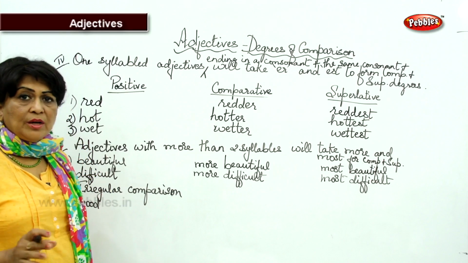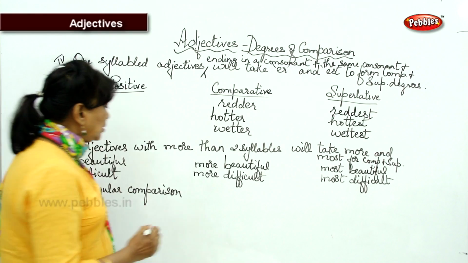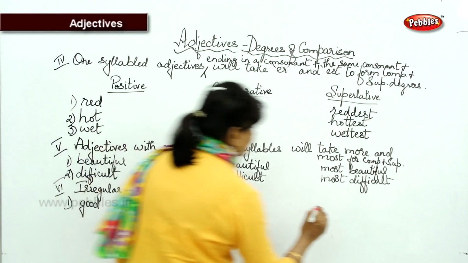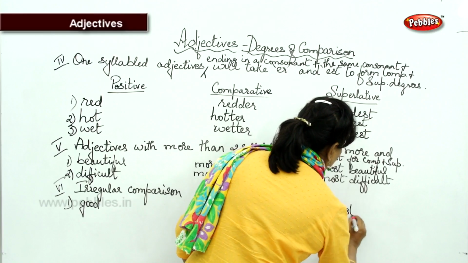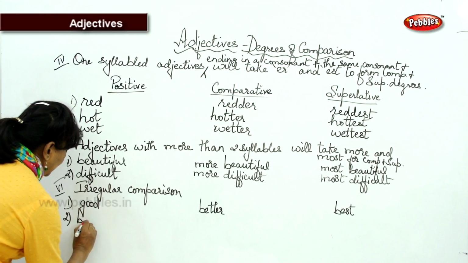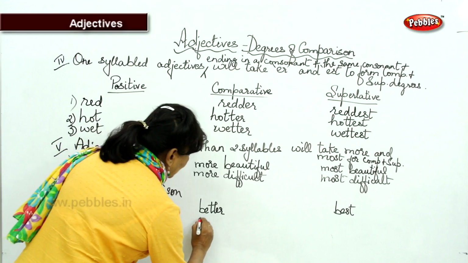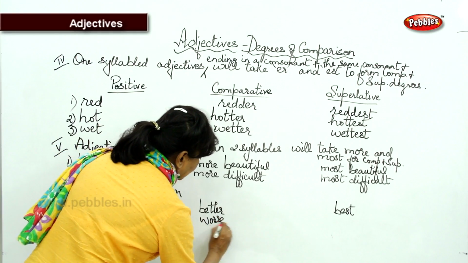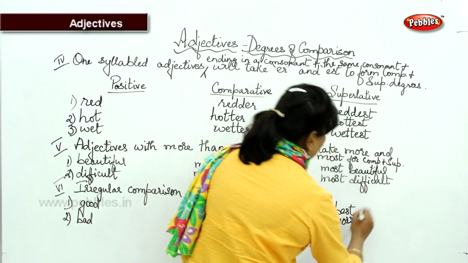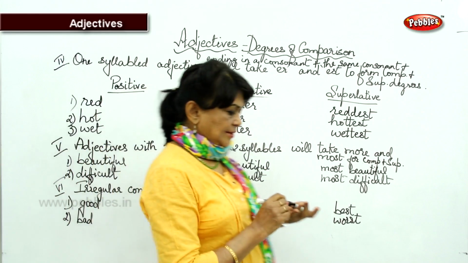We don't say good, gooder or goodest, or we don't say more good, most good. It says good, better, best. Same way, bad. Have you heard of badder and baddest? No. Bad, worse, worst.